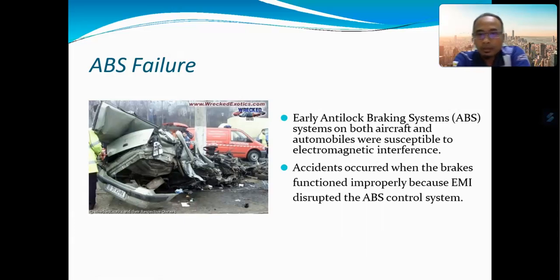When the ABS failed to withstand the EMI, normally an accident occurred when the brakes functioned improperly because the EMI disrupted the ABS control system. So this is very important now.